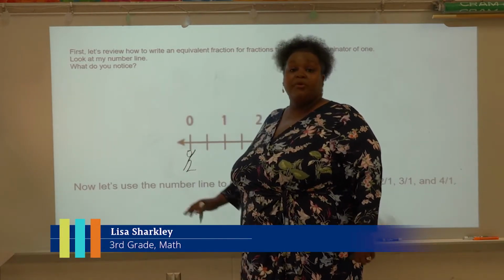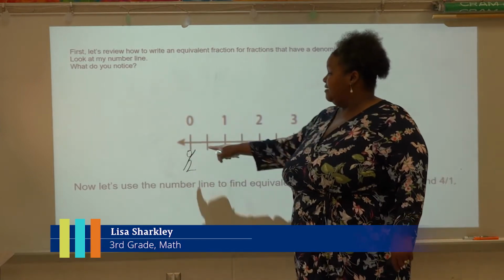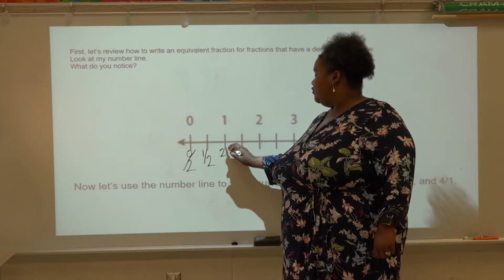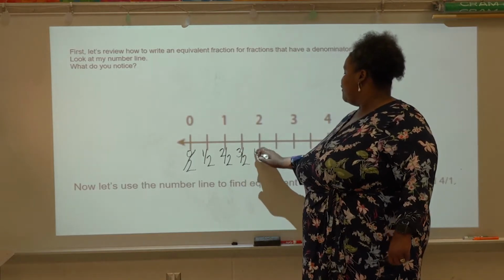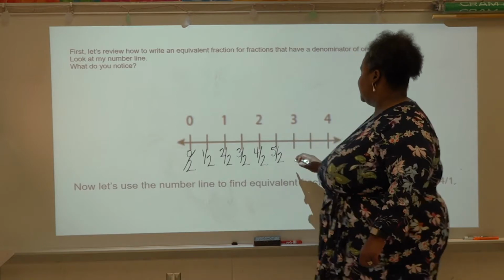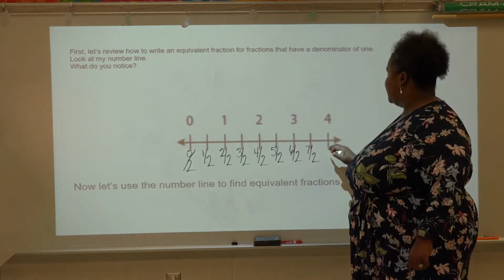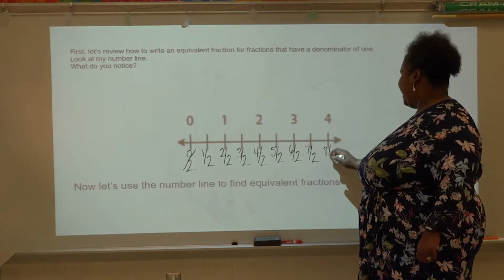To find the numerator, I just have to count straight through and see. 0 halves, 1 half, 2 halves, 3 halves, 4 halves, 5 halves, 6 halves, 7 halves, and then lastly, what should I write? 8 halves.